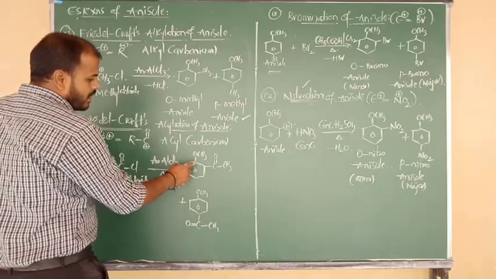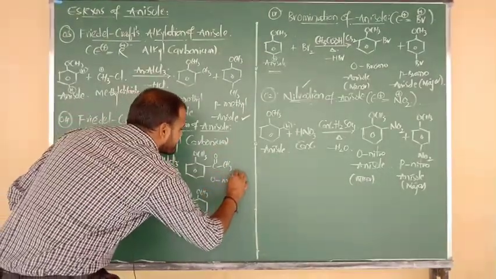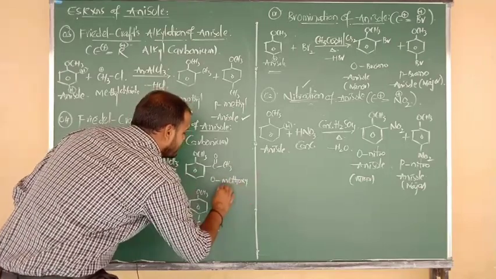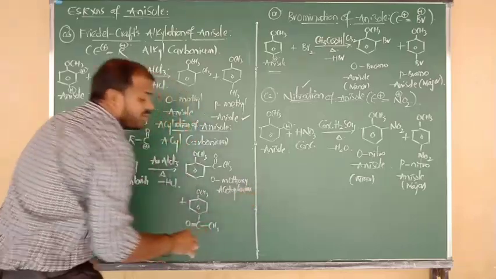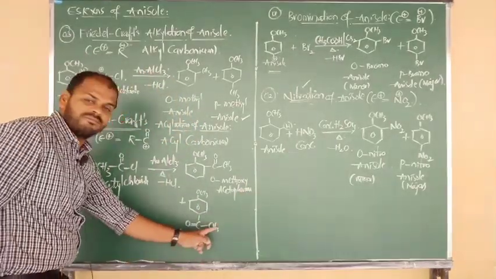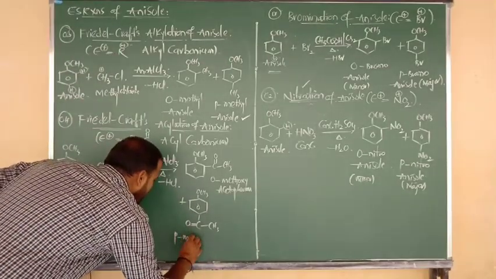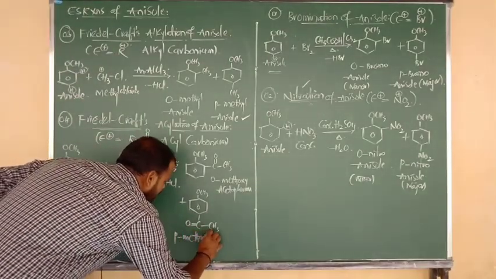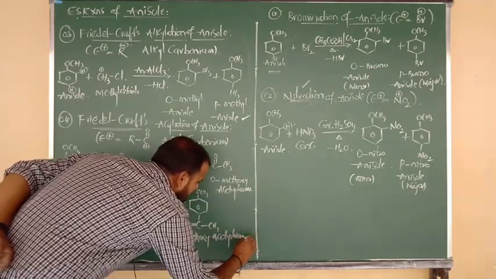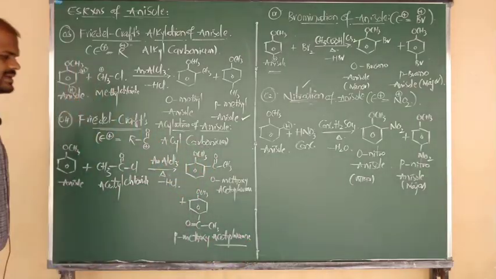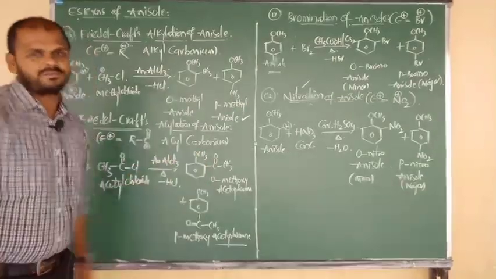Product name is orthomethoxy acetophenone. And what may be the another product? This is the structure of acetophenone, but opposite place is para. So the product name is paramethoxy acetophenone. Again same thing, paramethoxy acetophenone is major and orthomethoxy acetophenone is minor due to repulsive concept.